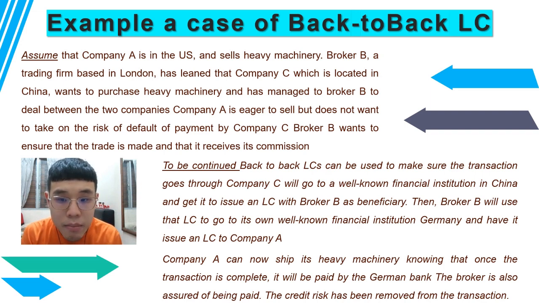And there is a middleman, which is the intermediary party, broker B, a trading firm based in London. So we can see that in this situation, company A wants to sell the machinery to company C in China, but they are scared and not confident enough to take the risk of default payment that may be caused by company C.